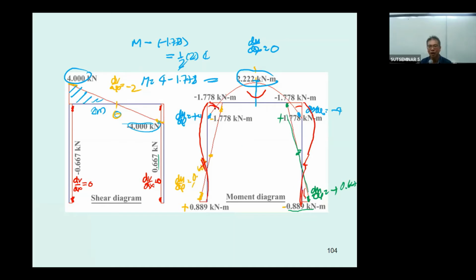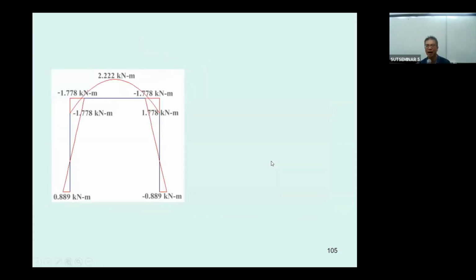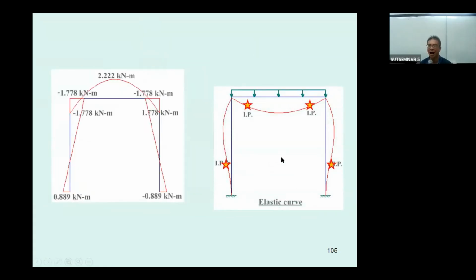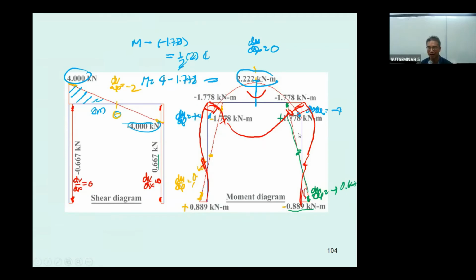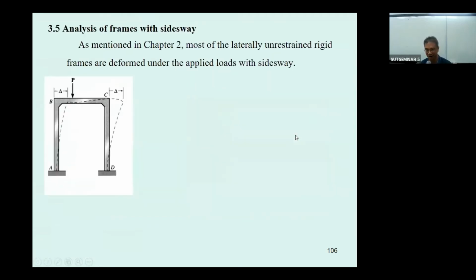And for this one, it's going to keep the normal angle, and this one concave downward, concave upward, and then you have this one for the elastic curve. Okay, there are 4 inflection points as indicated here. That's all for the frame with no sidesway.